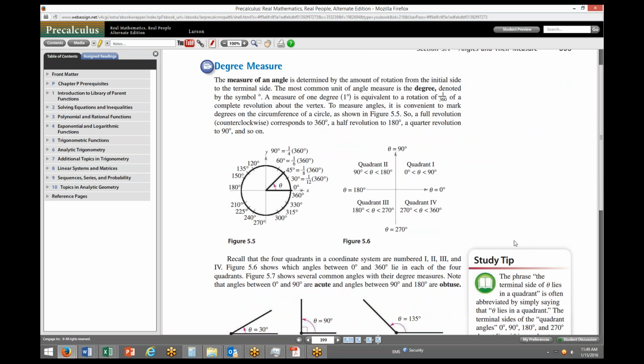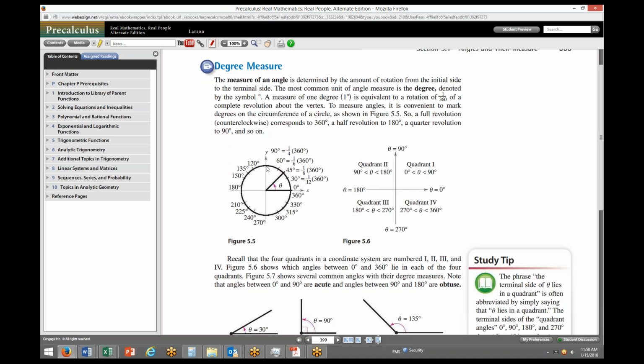And starting then at the initial side, that means if you're going counterclockwise for positive angles, you start with a 0-degree angle dead on the positive x-axis, and then you progress from 0 to 90 degrees as you move through the first quadrant towards the terminal side.